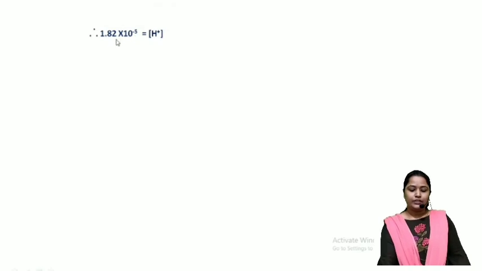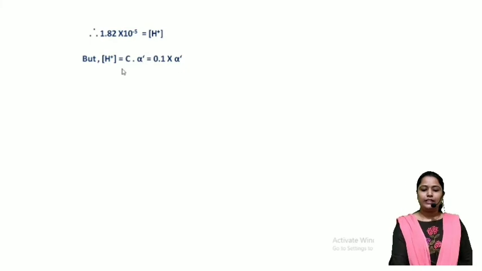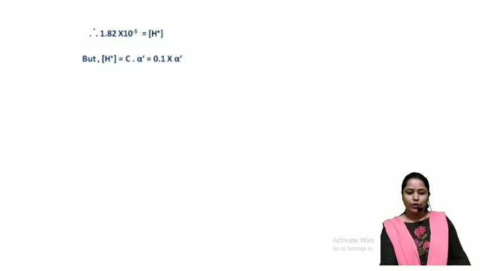We know that the concentration of H plus ion is 0.1 into alpha dash, that is, the concentration of H plus ion is equal to C into alpha dash. Therefore, by using the concentration of H plus ion, we can determine the value of alpha dash.